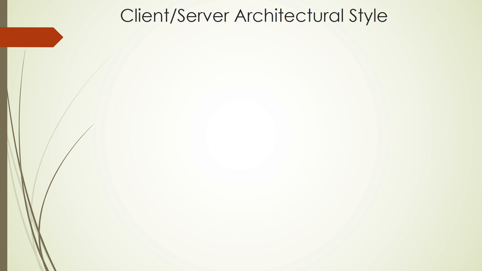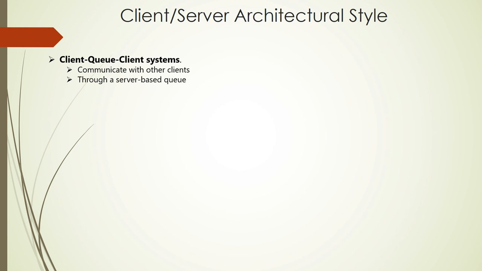The first is the client-server architectural style. Other variations on the client-server style include client queue client system. This approach allows clients to communicate with other clients through a server-based queue.